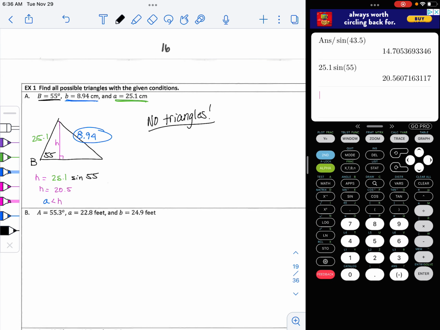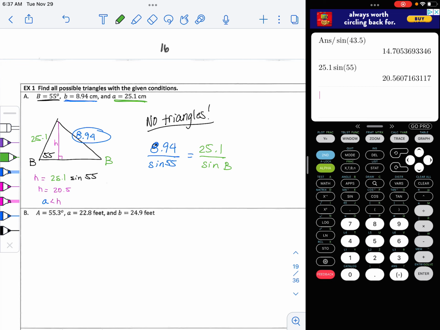Now, if you guys had tried to do this and you went through your work and you said, okay, law of sines, let's do 8.94 divided by the sine of 55 equals my 25.1 over the sine of angle B. And we did that cross multiplication, so 25.1 times the sine of 55, divide that by 8.94.